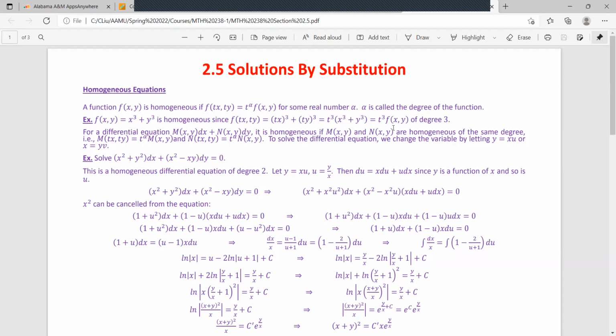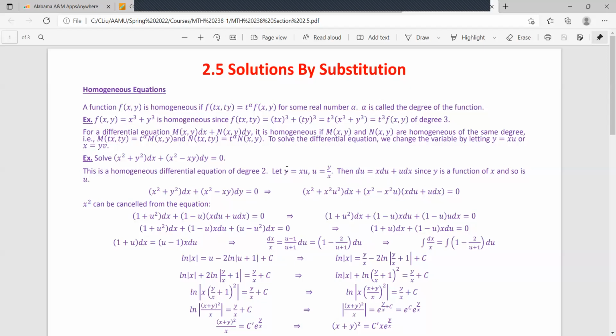And that's just t cubed times f of x, y. So you can see this is a homogeneous function with degree 3. Okay. So if you look at the original function, you can see both x and y have power 3. So that tells what types of functions a homogeneous function is, right?